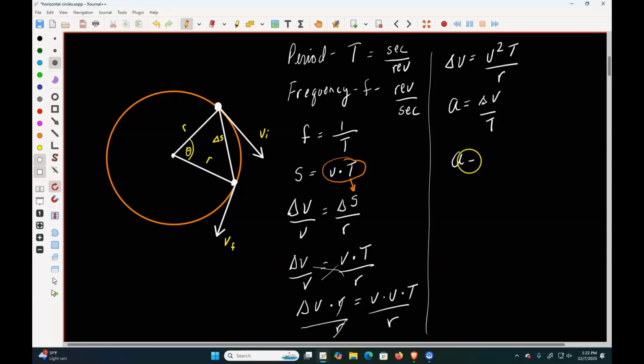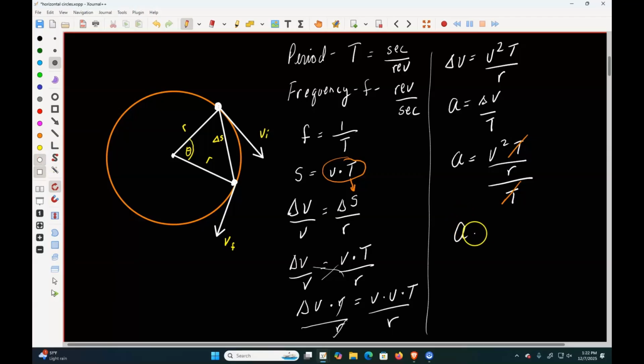I can say that acceleration is equal to velocity squared T over R, over T. These two T's cancel. So I have a formula here then. It says that acceleration is equal to velocity squared over the radius. I'm going to put a small c here, so this will be called centripetal acceleration.